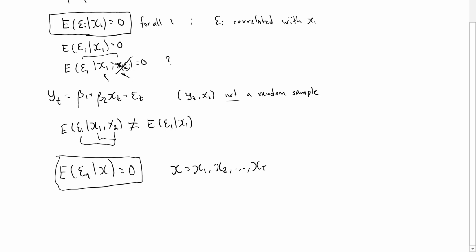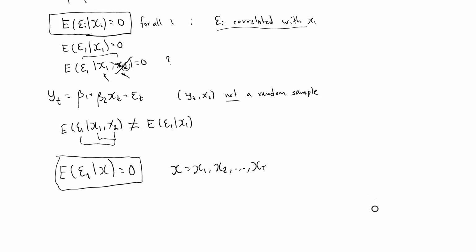Then exogeneity would fail, because the expected value of epsilon i given xi cannot be 0, since the expected value of epsilon i will depend on xi. There is never an issue in a random sample of the error term for individual i being correlated with the x value for another individual. That's never an issue because of the random sample.